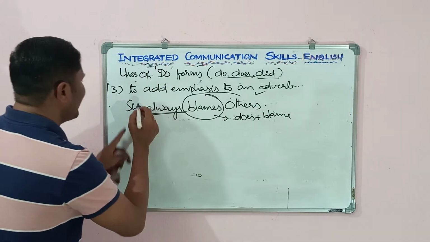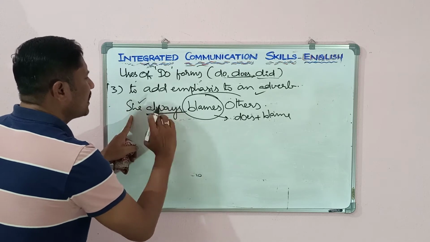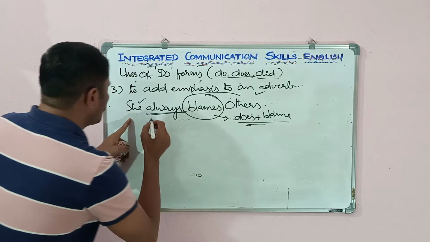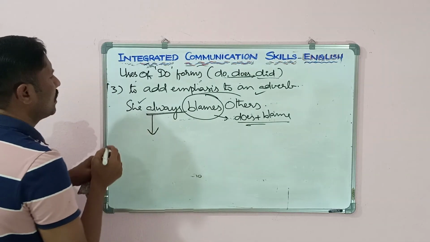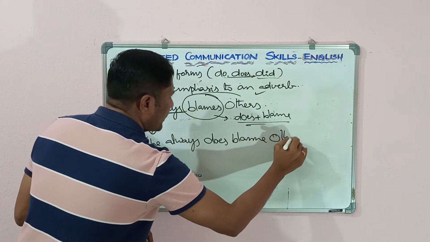Why do we use it? She is third person singular, that's why the verb takes the singular form, blames, does plus blame. To add emphasis, she always does blame others.